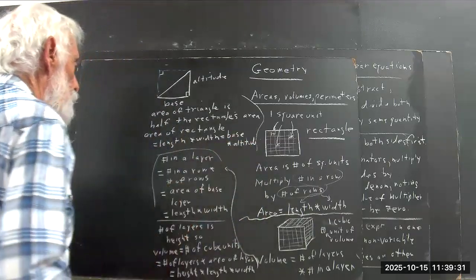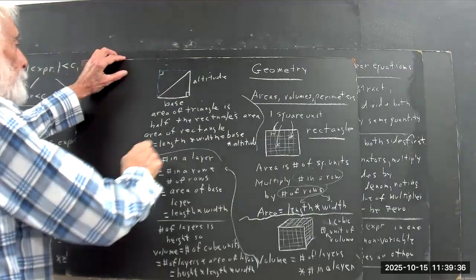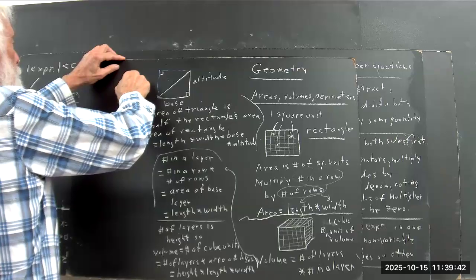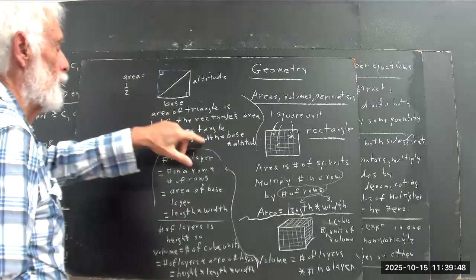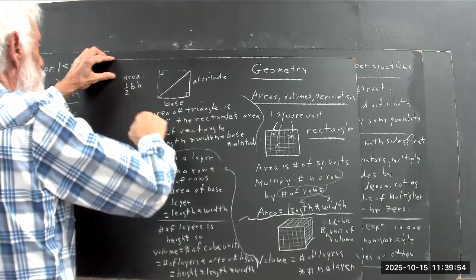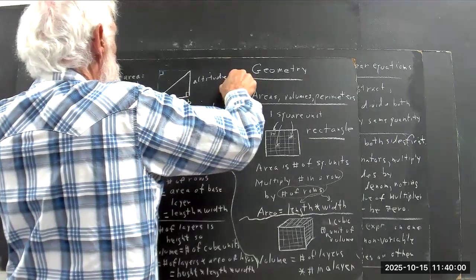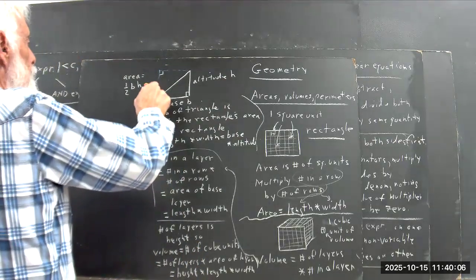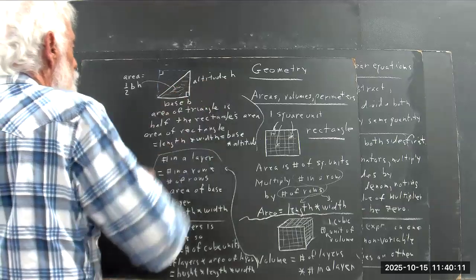That just says base multiplied by altitude. So the area is half the rectangle's area, which is 1/2 the base times the altitude. We'll call the base B and the altitude H. And that's the area of the triangle.